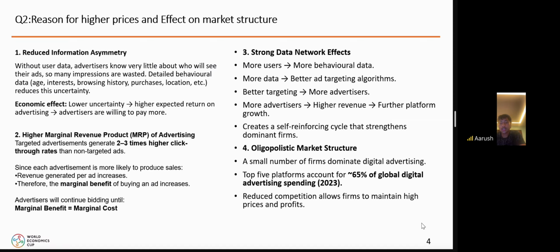Finally, user data is concentrated in a few firms like Meta and Google, creating an oligopoly. The top five platforms account for around 65% of global digital advertising spending, giving them significant market power. With limited competition, these firms can sustain higher advertising prices and earn persistent economic profit.